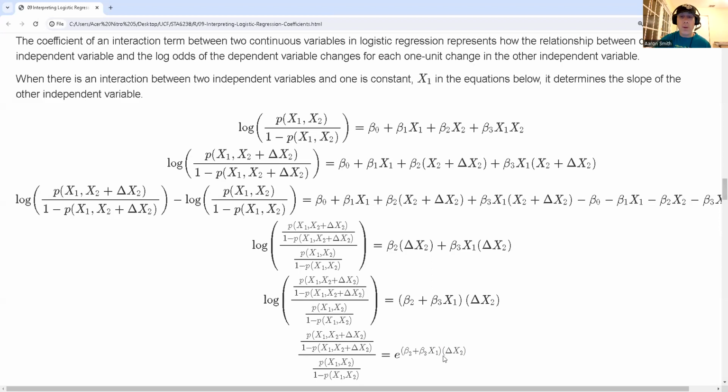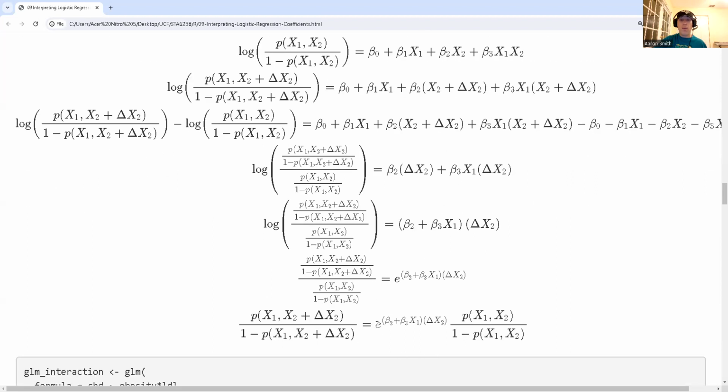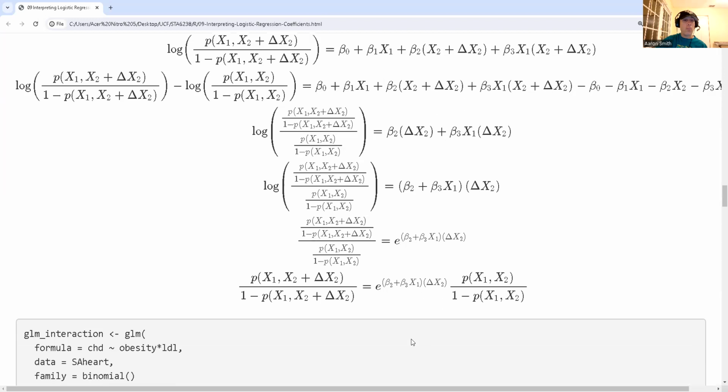Okay, so it's the same result, same interpretation, but we have to be mindful of the fact that when I have interaction, the coefficient of the variable changes depending on the other variable there.